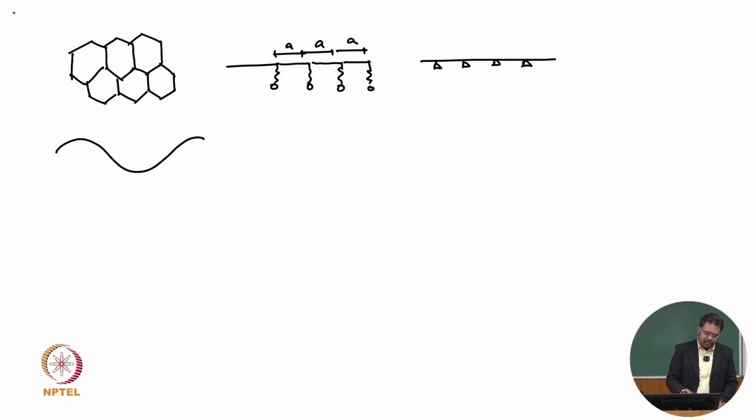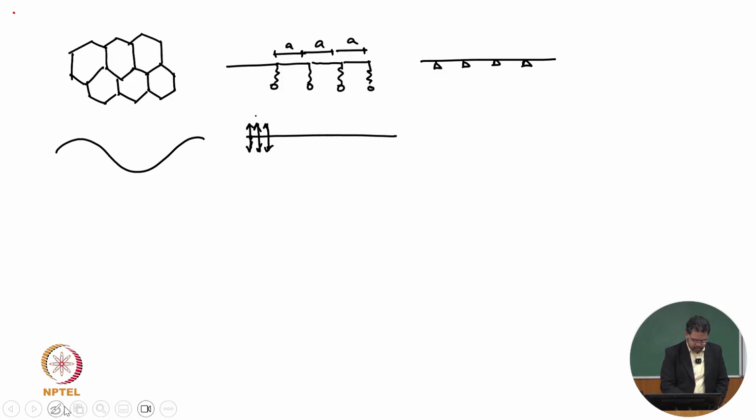For example, think of a string. Each and every point of the string will oscillate, but they are not oscillating in a random pattern. One point is at this location, then this one is here, the next one is here, and then again they are changing.